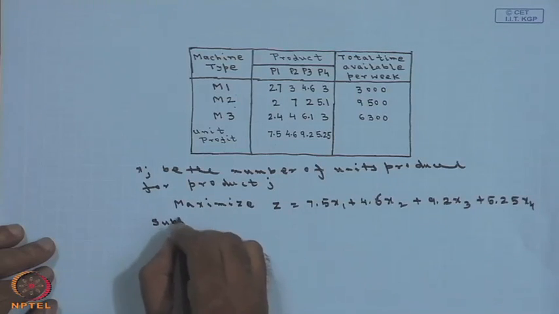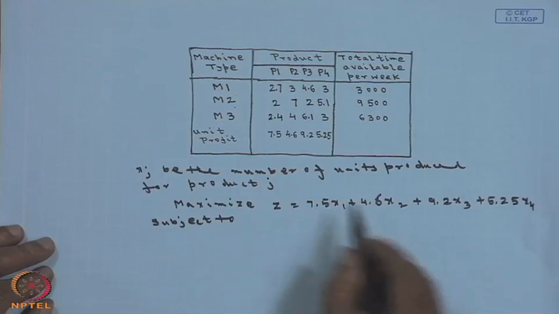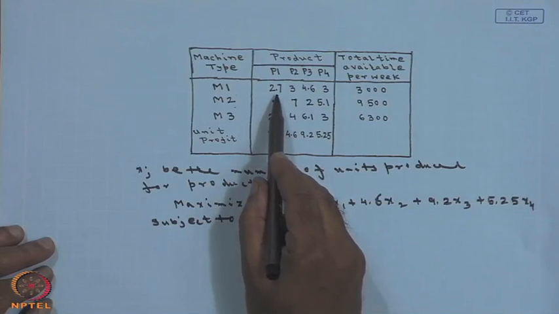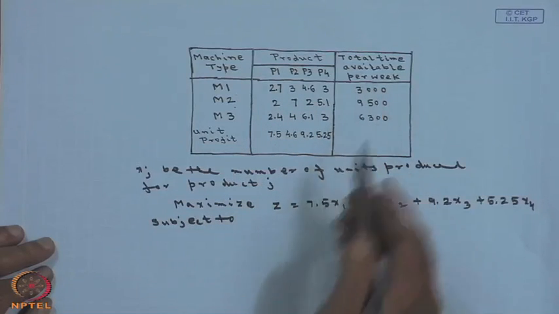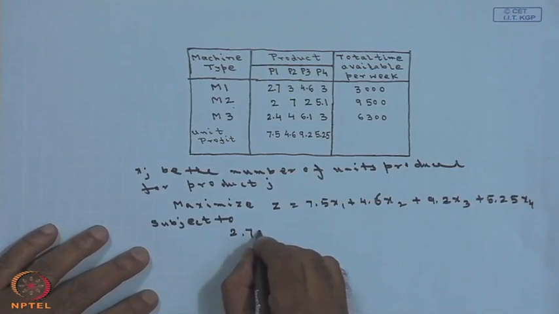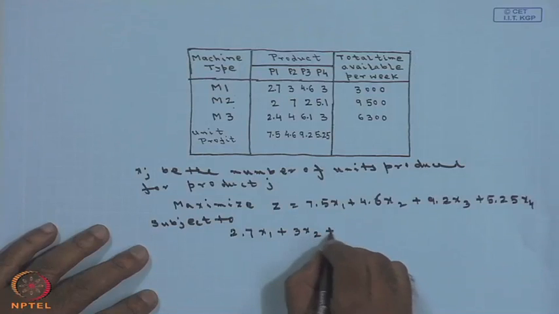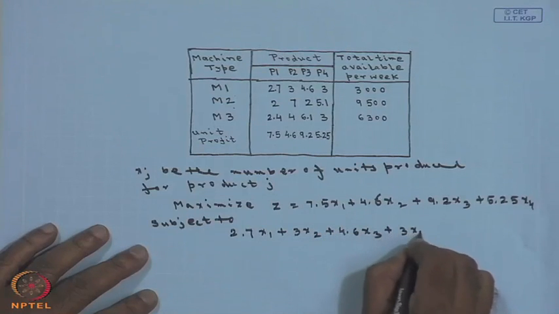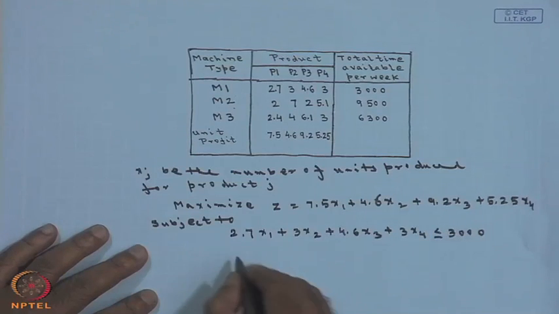What are the constraints? Subject to, my constraint is for each quantity of item, how much time it takes and how much total time is available to us. So, 2.7 x1 plus 3 x2 plus 4.6 x3 plus 3 x4 should be less than or equal to 3000.